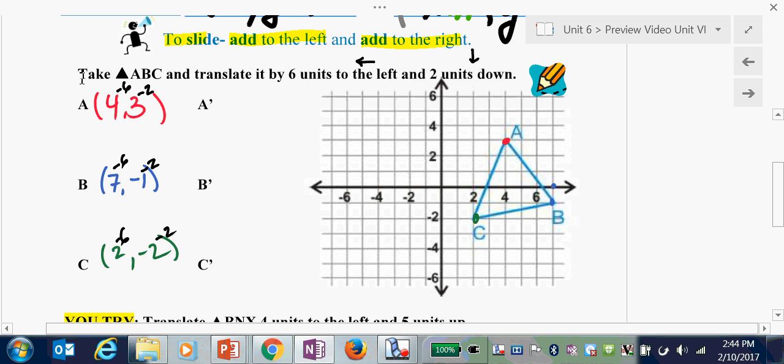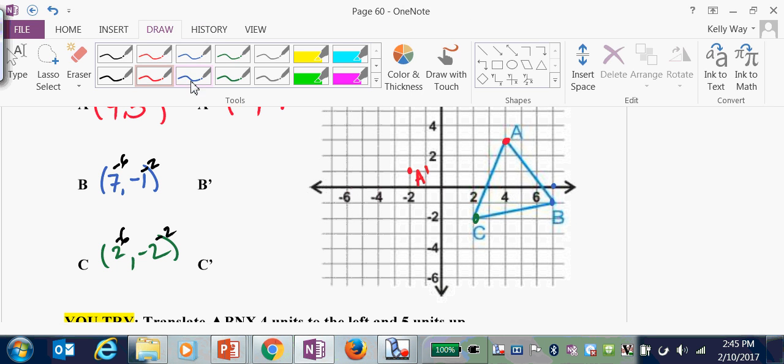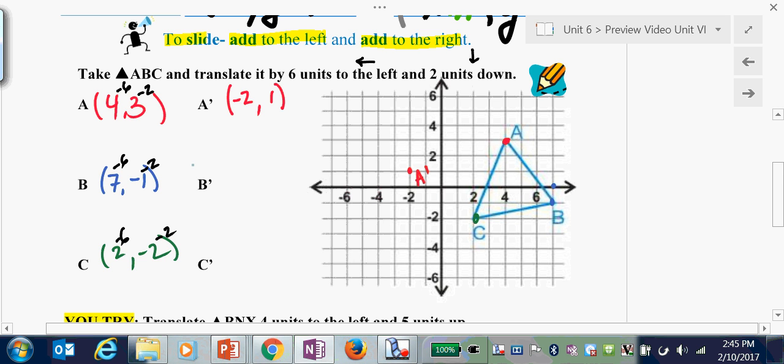So if you do 4 minus 6, of course you end up with -2, and 3 minus 2, you're going to end up with 1. And then you plot that, -2, positive 1, and that is your A prime. Then we have 7 minus 6, positive 1.